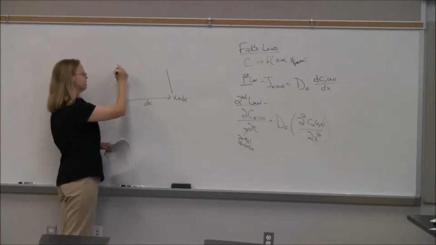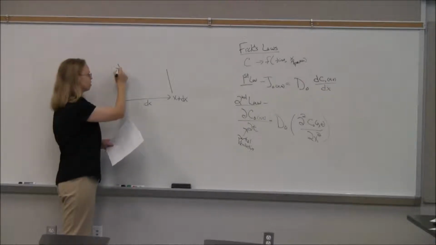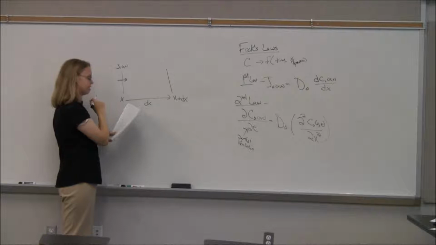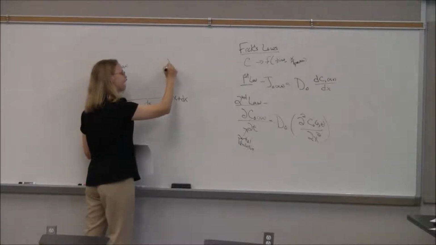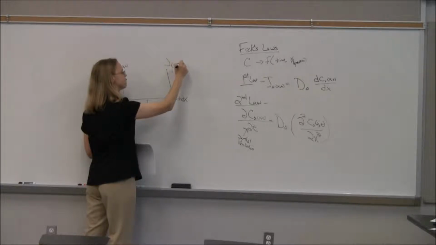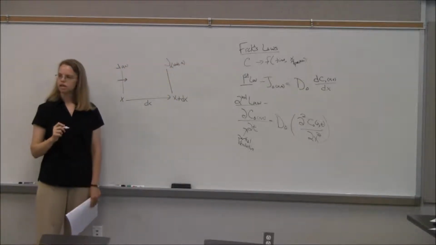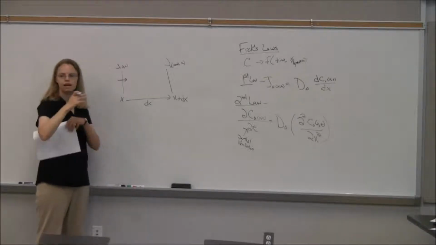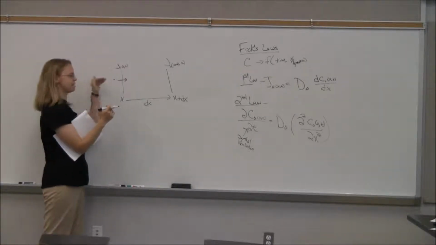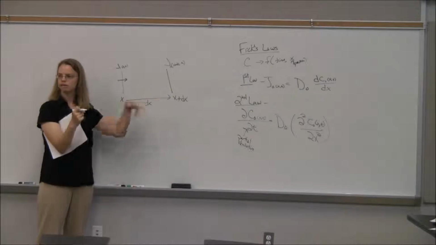What's the flux in? So the flux of O here at this given point. And then we want to know what's the flux out. So at x plus dx, what's the flux out? If this was like a box or something, how many things came in versus how many went out.